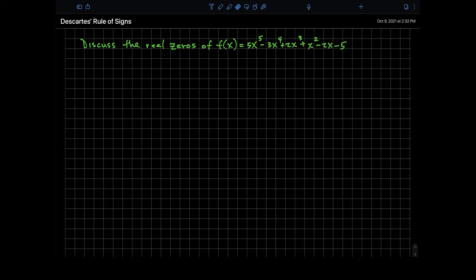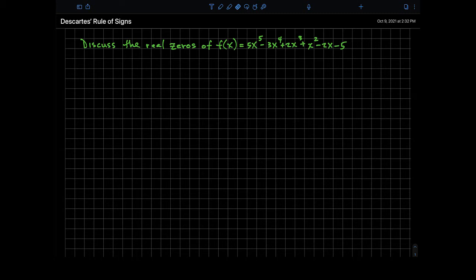To apply Descartes' rule of signs, we use the original f of x and we examine the number of times the signs change when going from one term to the next.